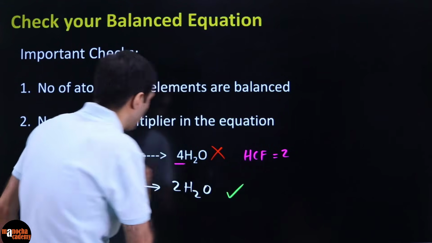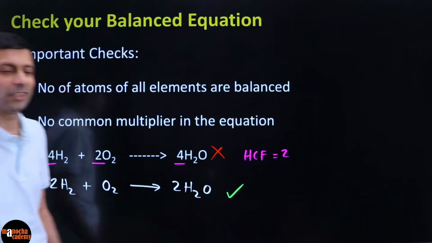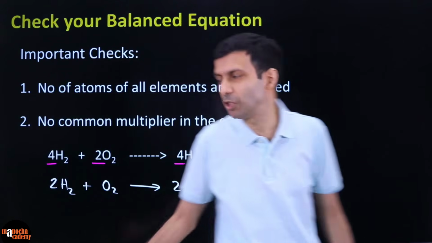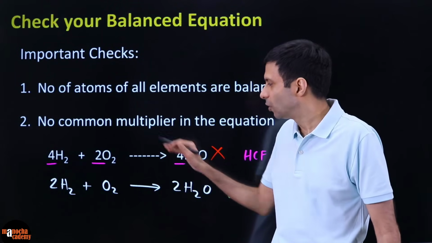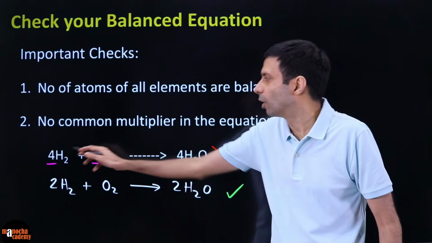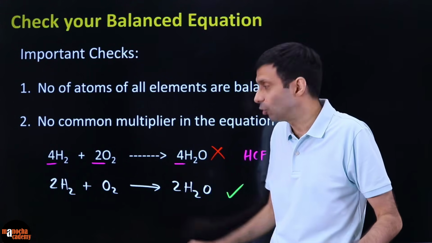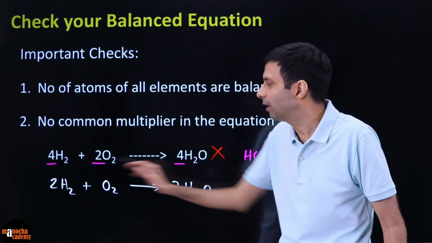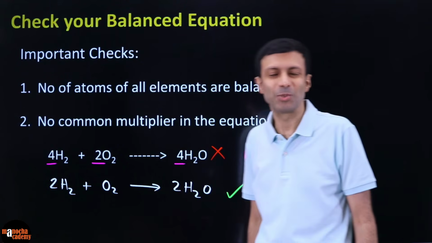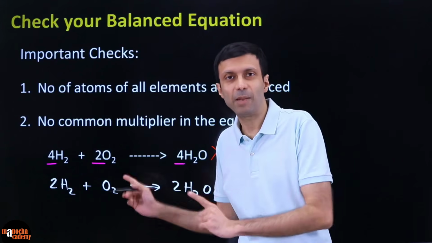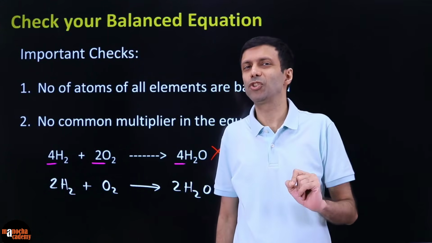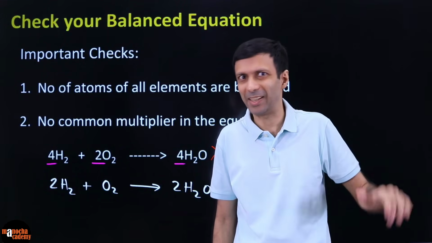This will be marked wrong because you have unnecessarily, generously you have multiplied, which is not at all needed. Okay. So please make sure your multipliers do not have any common factor. And you can easily check your balancing by comparing the number of atoms of each element. So these are some very important tips to follow to make sure your balancing is perfectly right.